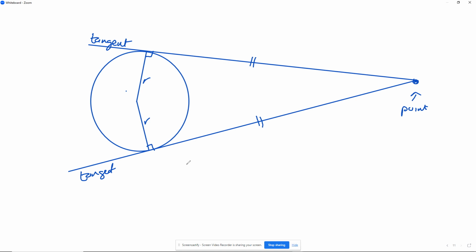So to write this out, we say tangents from an external point are equal in length.